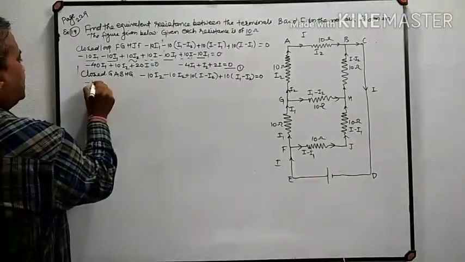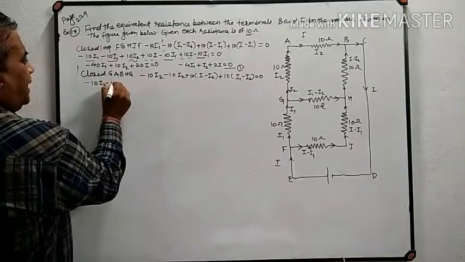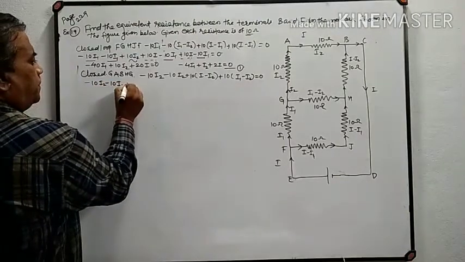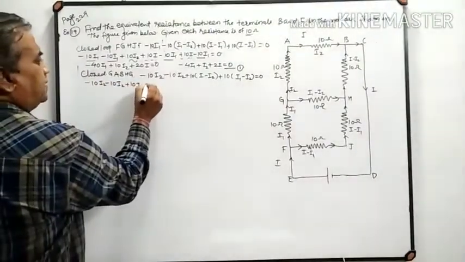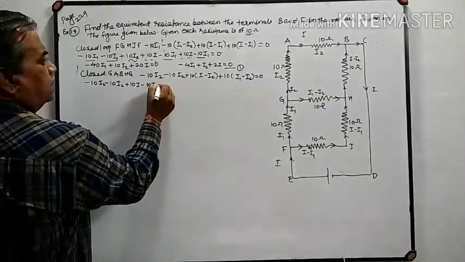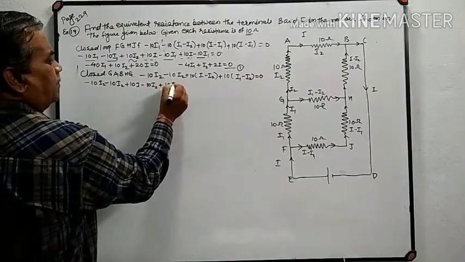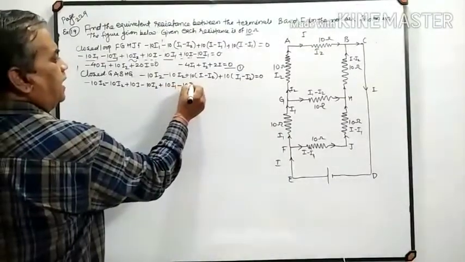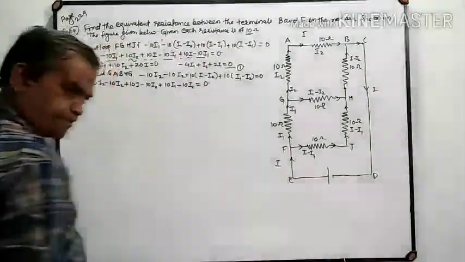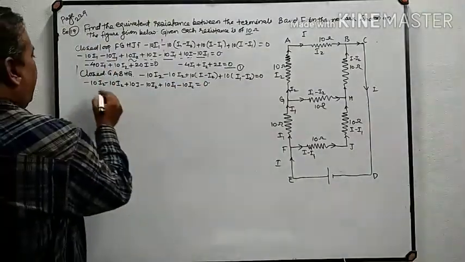So this is minus 10 I2, minus 10 I2, plus 10 I, minus 10 I2, plus 10 I1, minus 10 I2 is equal to 0. Collect the terms of I2.